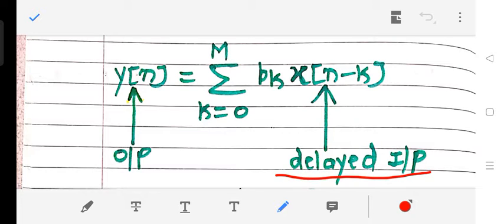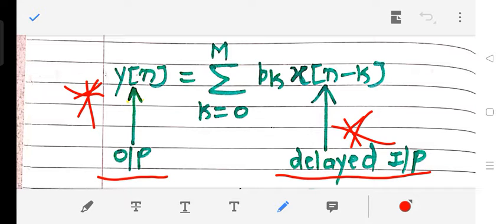What you observe from this mathematical model is that you have two terms, output and input, with a summation sign, and a special case of delayed input, correct, and the output is not delayed. So this is a feed forward system.